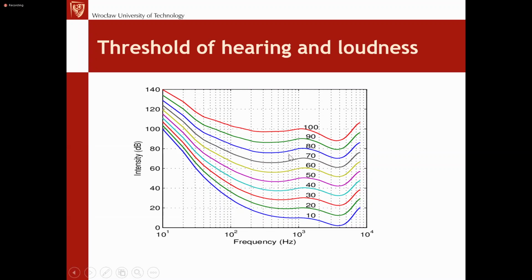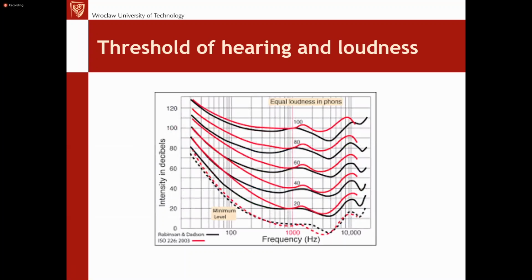So it's only a fact for you to know that the range of the total hearing area contains a little more than 100 phones as isophones, as equal loudness curves. And a more important thing is the threshold of hearing, presented here in dashed lines.